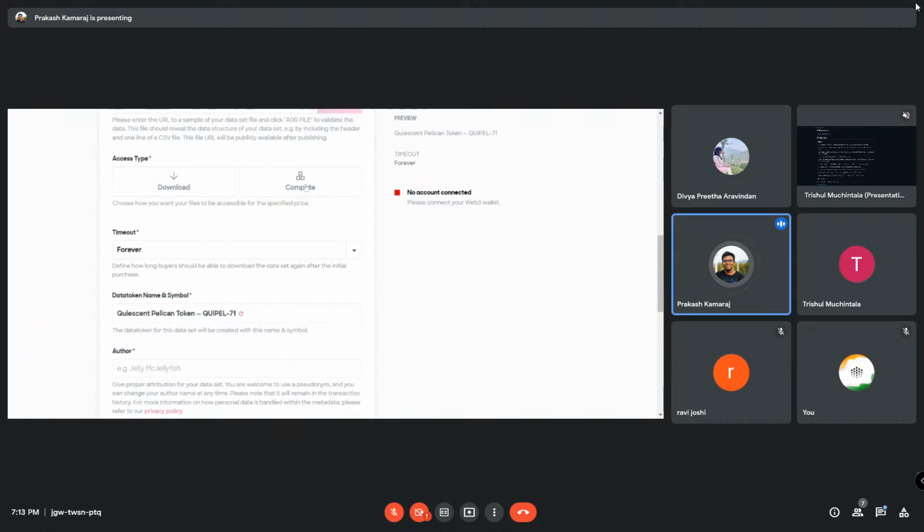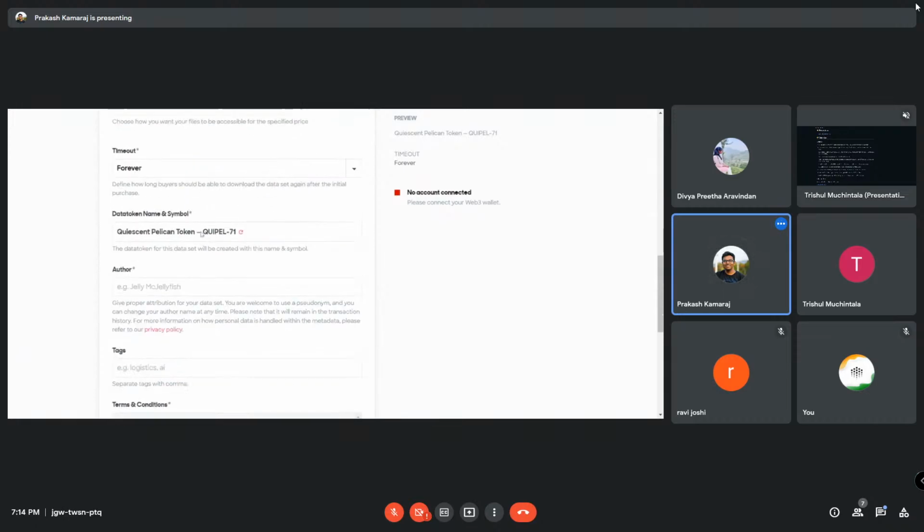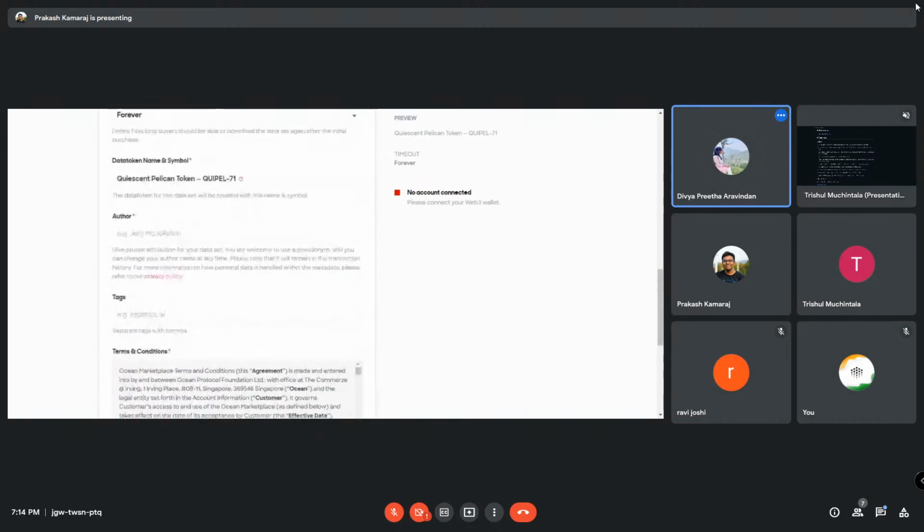If you don't trust that, you can use compute-to-data. Not everyone uses that option, just for convenience. You can always put a Dropbox link or something like that, but if you want complete privacy for your use case, you can always go for the compute option. That's where third-party algorithms come into play.